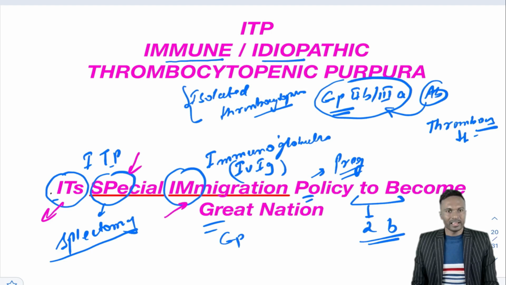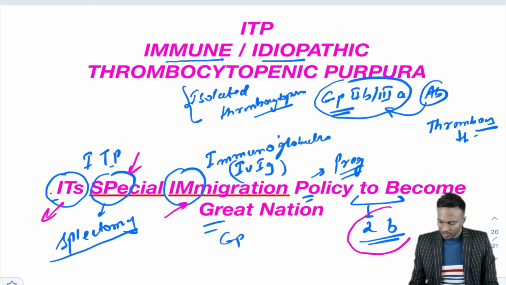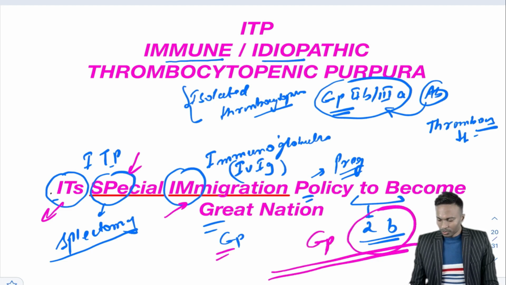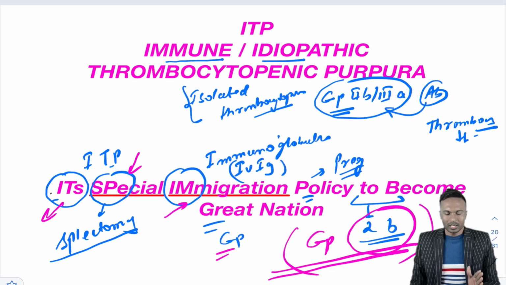Immigration means IVIG. Policy means prednisolone. To become, 2B, and then great means glycoprotein. So glycoprotein 2B will be targeted by those antibodies, which will ultimately lead to destruction of platelets. So I think this is quite clear to you guys that it's a special immigration policy to become great nation, right? Brain drain sort of thing.